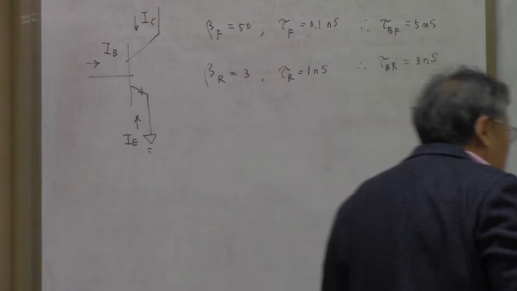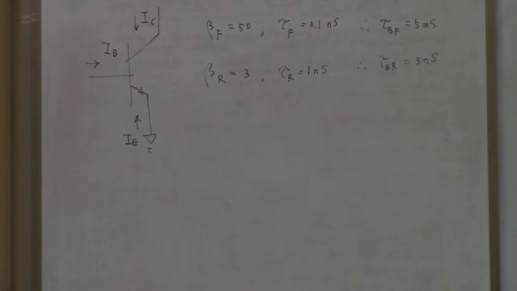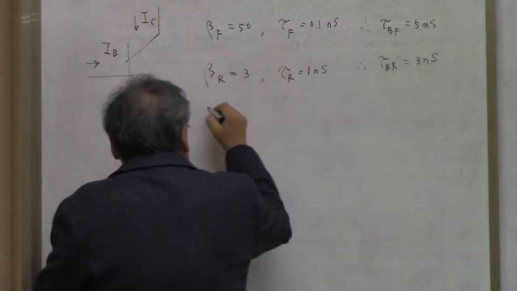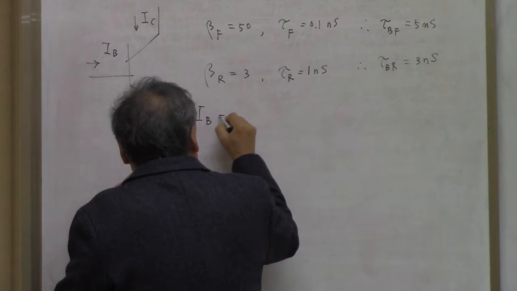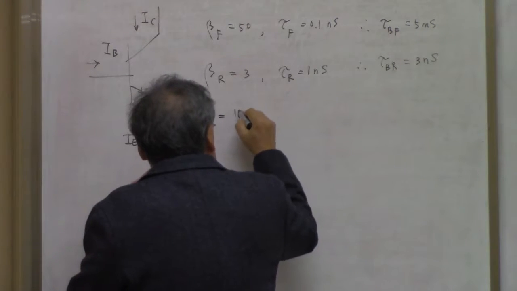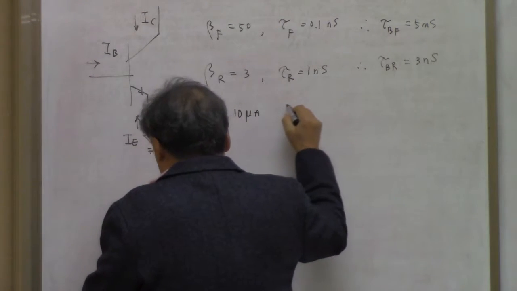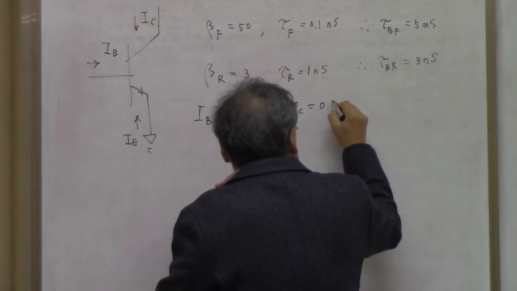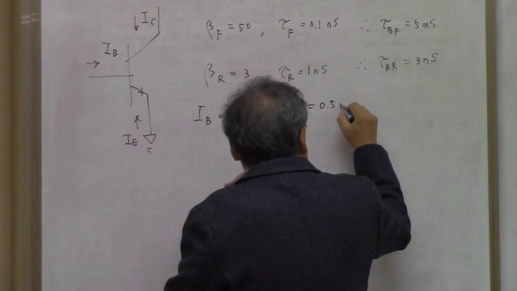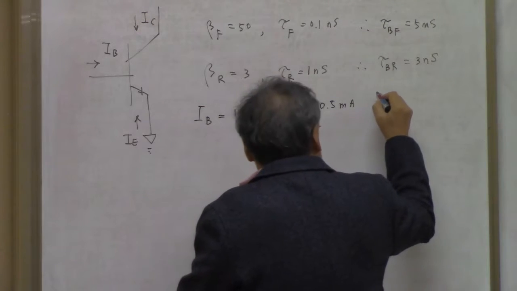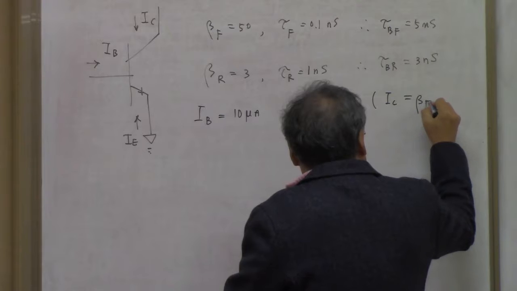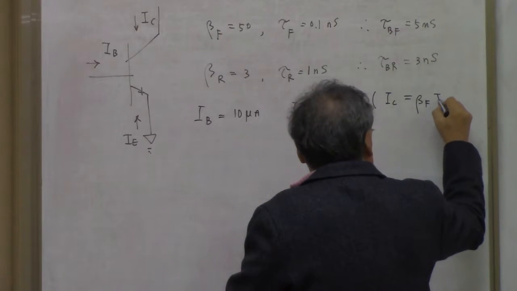Let's suppose that we have a system something like this, okay? And then when the base current is 10 microamps, then the current is going to be 0.5 milliamps in this case, which means IC is beta F IB, okay?